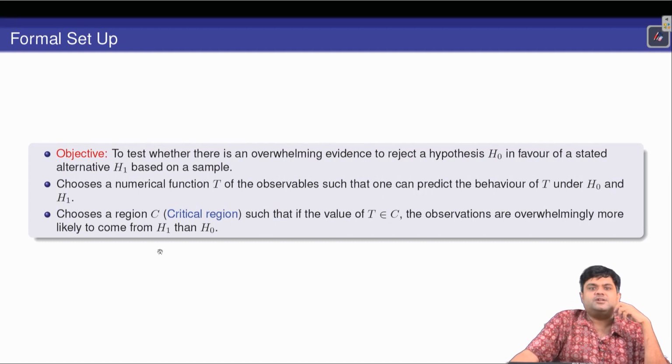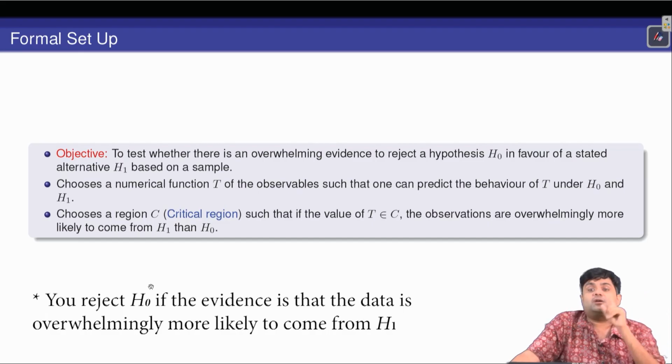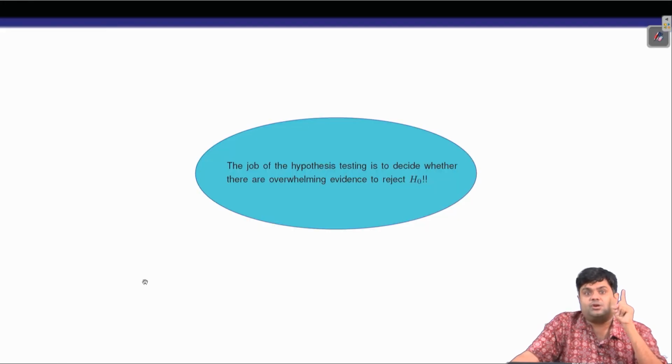The critical region we define is such that if the value of the test statistic is in this region, then the observations are overwhelmingly more likely to come from H1 than H0. So you reject H0 if the evidence is overwhelming that the observations are more likely to come from H1 than H0.